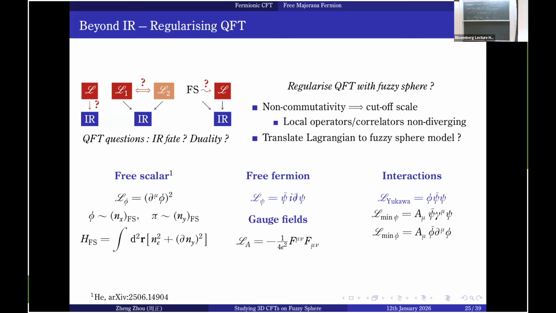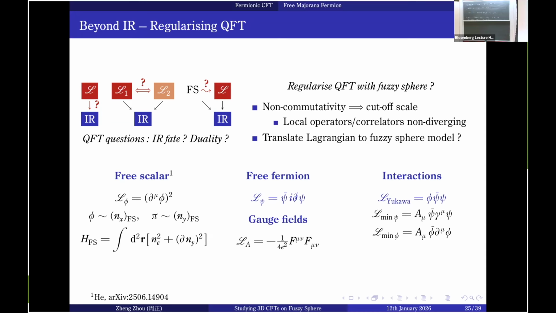The fuzzy sphere is actually a very good platform to regularize QFTs, because the non-commutativity sets a natural cutoff scale, which cures the UV divergence, and on the fuzzy sphere, all the local operators and their correlators are non-divergent.